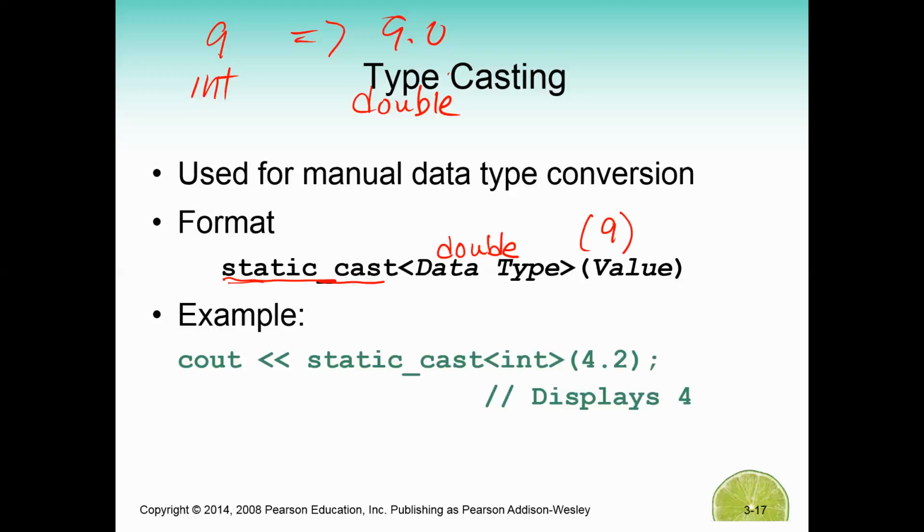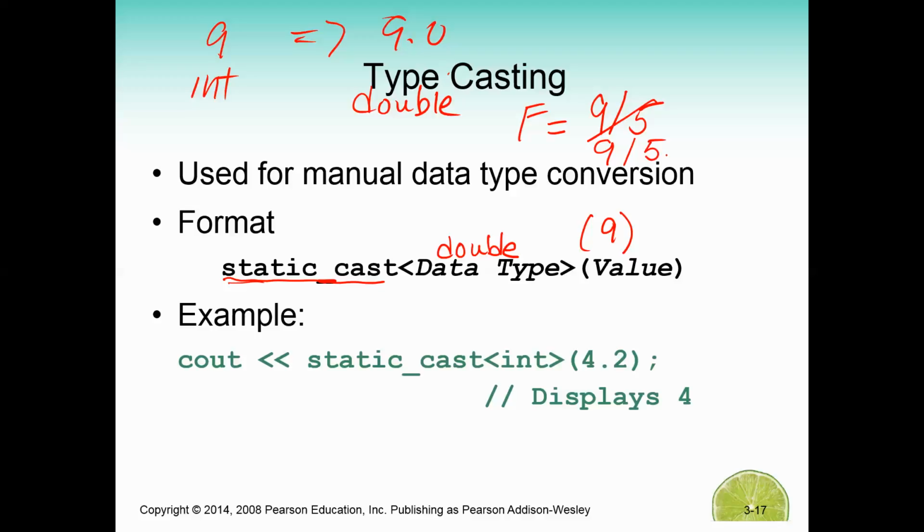So in my program, when I was doing the operation, it was something like Fahrenheit is assigned the value of 9 divided by 5, right? This is what we had. In order for this to work, we had to change it to 9 divided by 5.0, right?